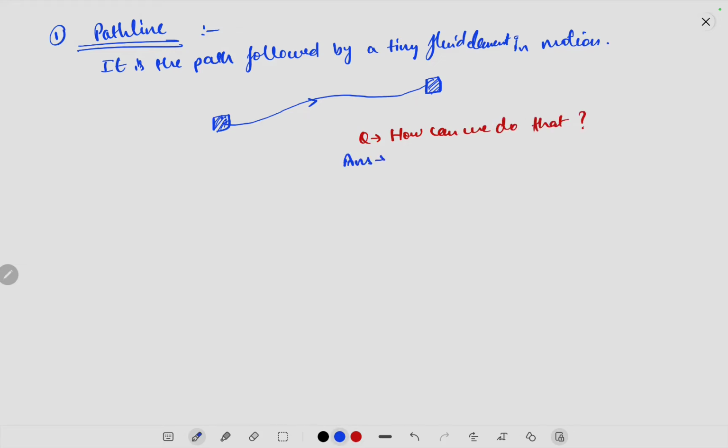The answer is we can do this using tracer particles. So what are these tracer particles? Tracer particles are tiny particles that are injected in the fluid.